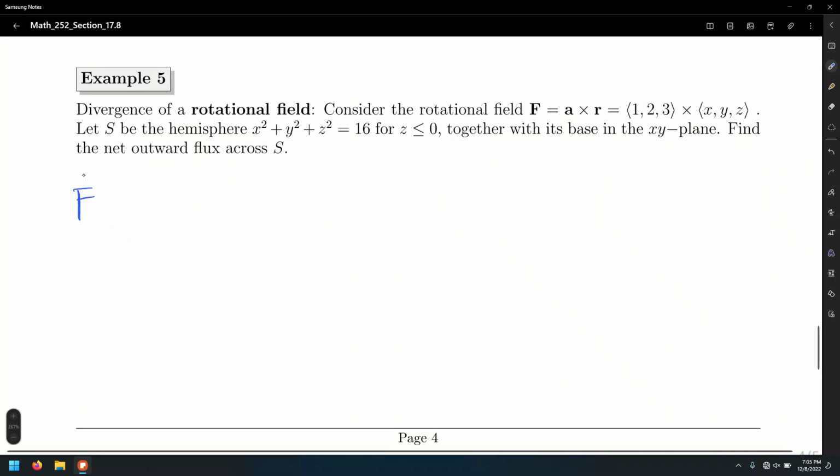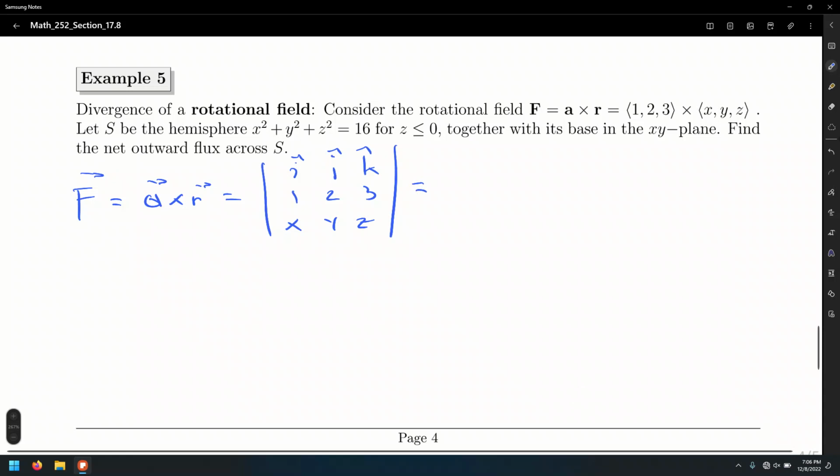So F, which in this case is A, that constant vector crossed with R, which is i, j, k, 1, 2, 3, x, y, z. Let's do this 3 by 3 determinant, either by using the formula or the trick I showed you about duplicating the first two columns.